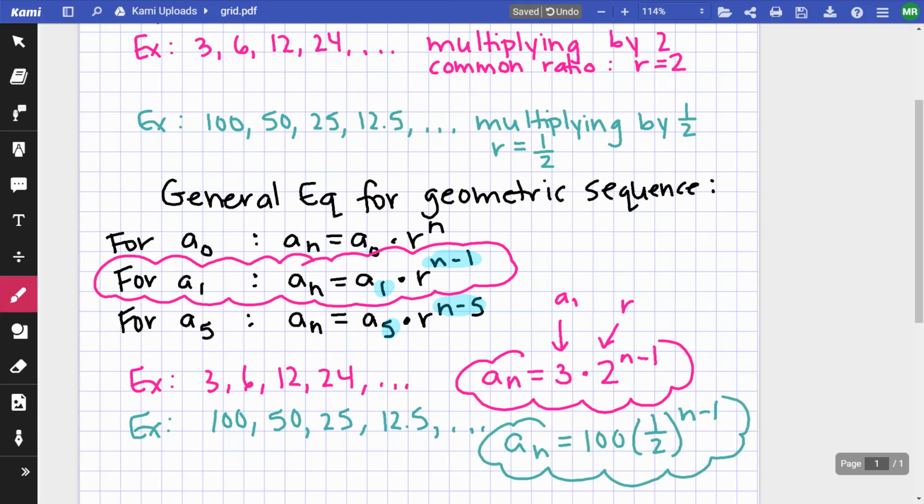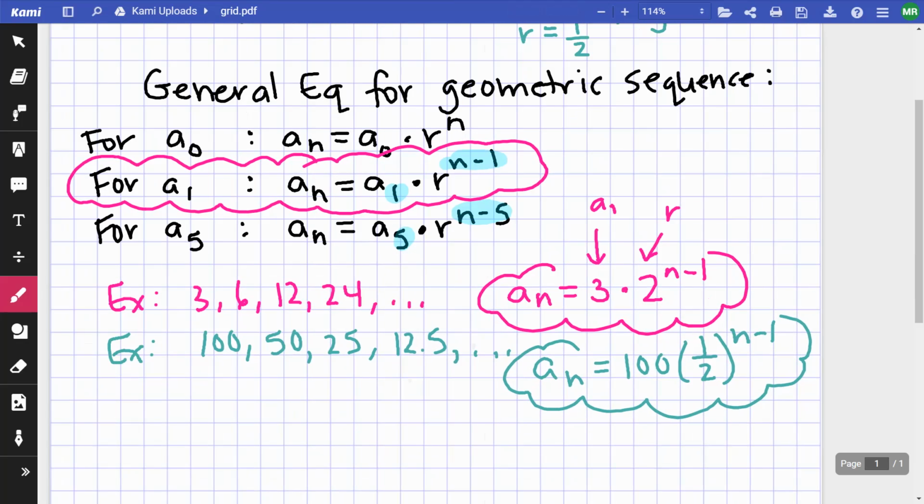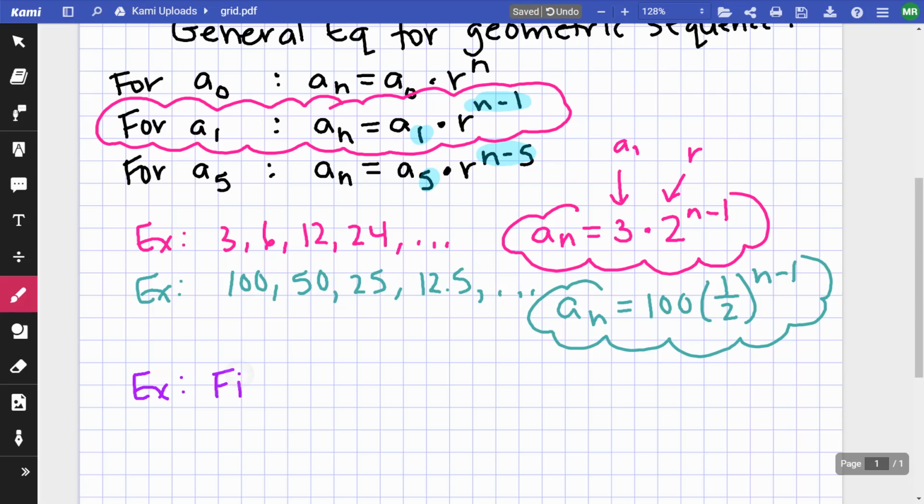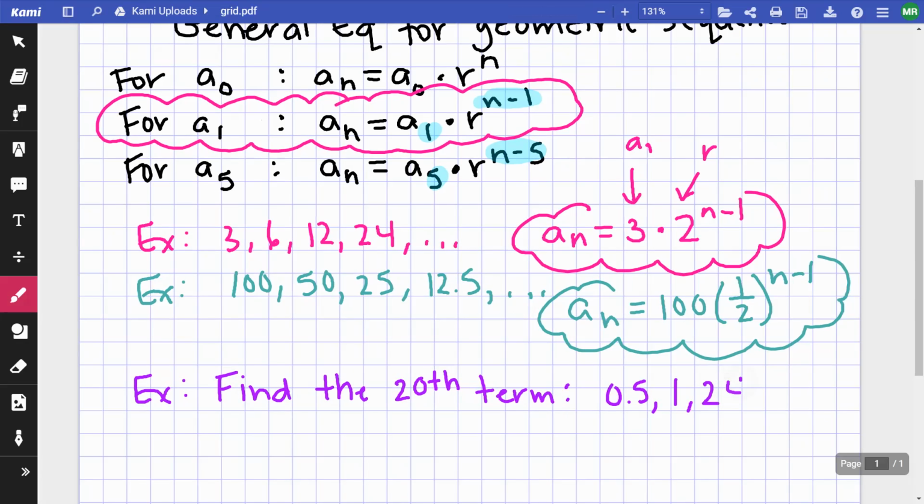Now, sometimes they're going to ask us to find a particular term in a sequence. So let's say in this example, I want to find the 20th term of the following: 0.5, 1, 2, 4, and so on.